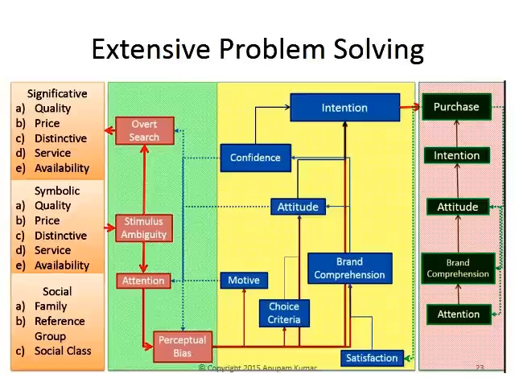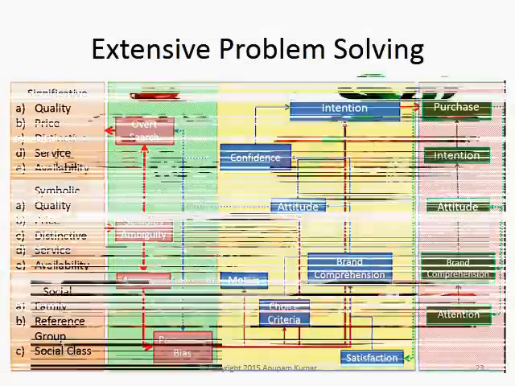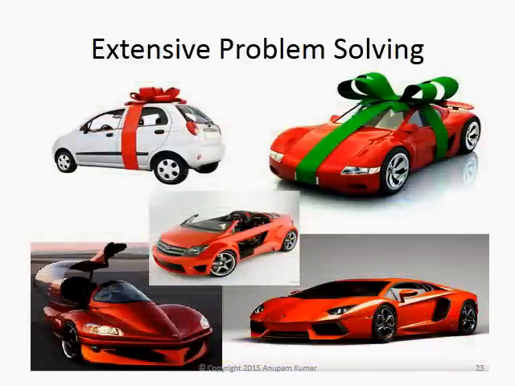This reinforcement boosts your confidence in your chosen brand on one side, while on the other, your attitude and this newfound confidence pushes you towards the purchase. Congratulations, you have purchased your new car.